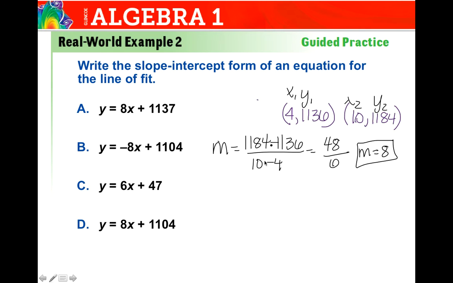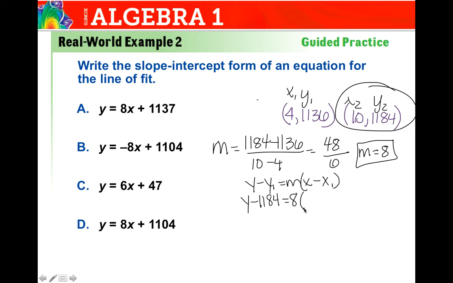Then we can choose one of the points. I'm going to choose to use 10, 1184 and to write our formula in point slope form. Okay, so y minus 1184 equals 8 times x minus 10.